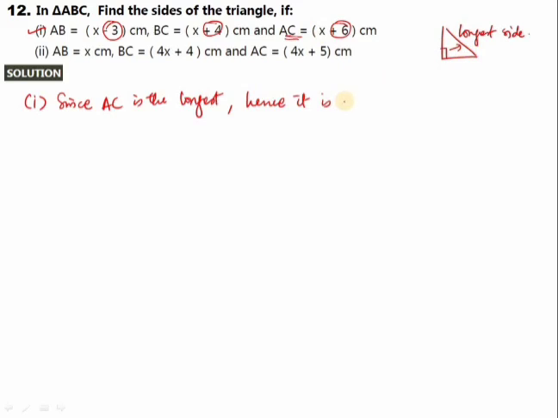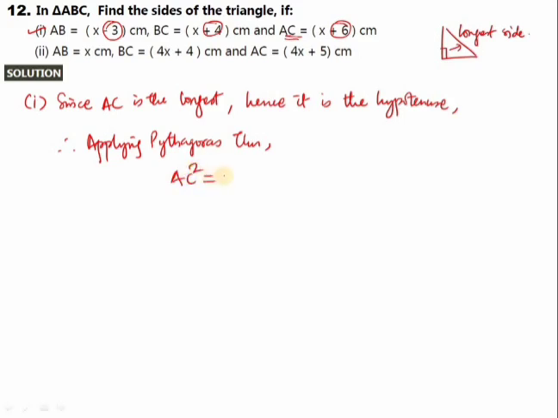Therefore, applying Pythagoras theorem, we have AC is the longest side, so that's why you get AC square equals AB square plus BC square.